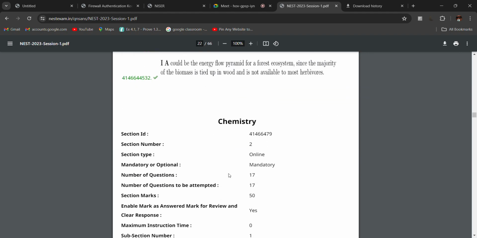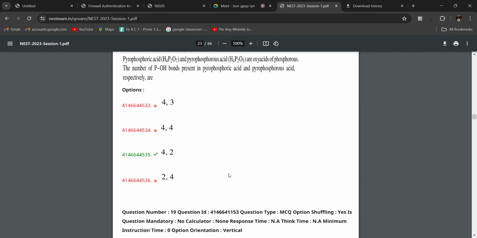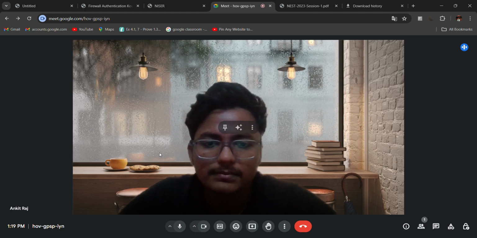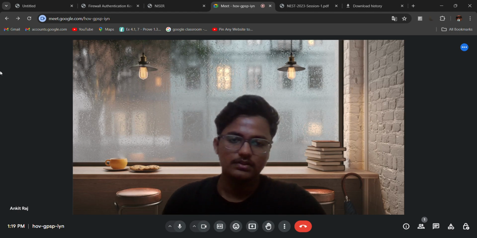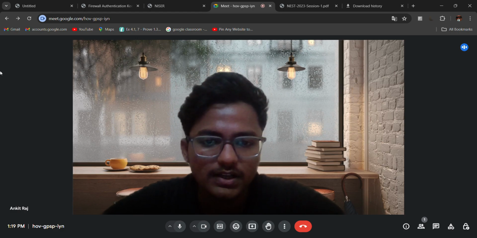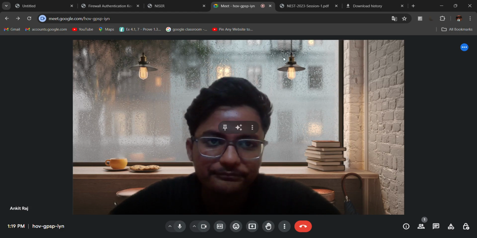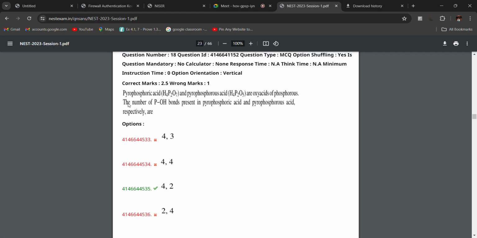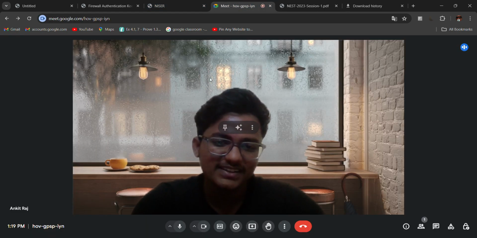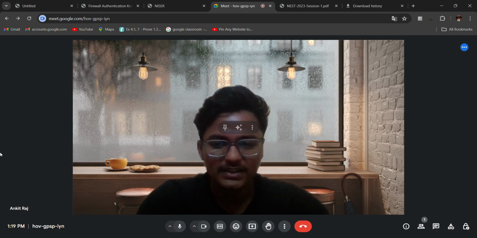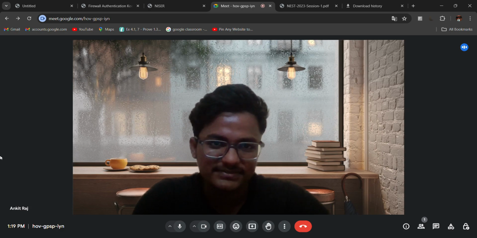Now for the chemistry portion, chemistry is a bit simpler. It's not very hard to score. If you have prepared for NEET or JEE level, it's completely okay. As you can see, phosphoric acid and pyrophosphoric acid are oxyacids of phosphorus. The number of P-OH bonds in phosphoric acid and pyrophosphoric acid respectively are... If you know the structure of these compounds, you can easily answer these questions.